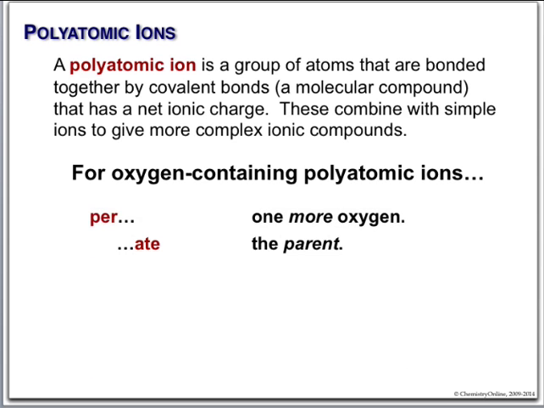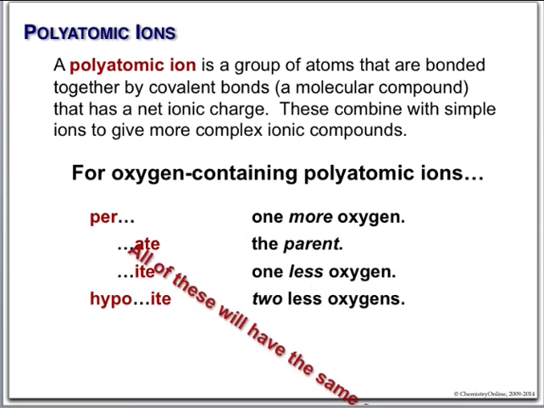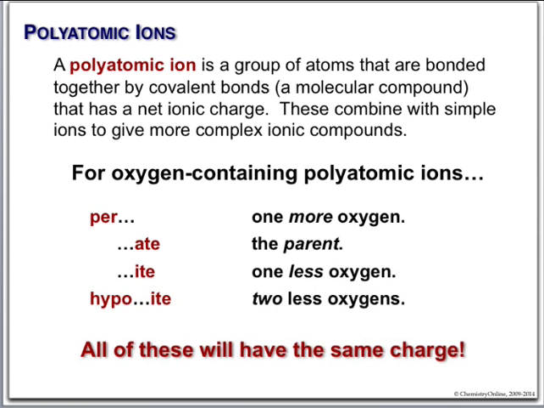If we add one more oxygen to it, we would call this a persulfate. If we take one oxygen away, it would be a sulfite. If we take 2 oxygens away, it would be a hyposulfite.